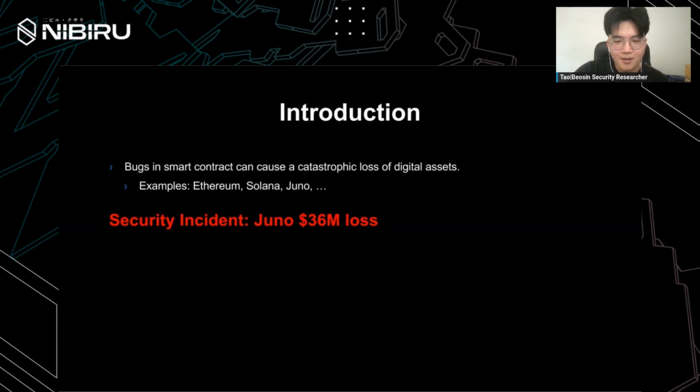What is surprising is that these hackings are only the tip of the iceberg in Web3 security. So we can tell how important security is in smart contracts and in blockchains.